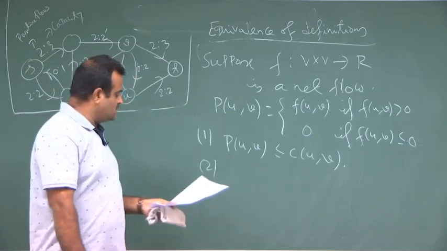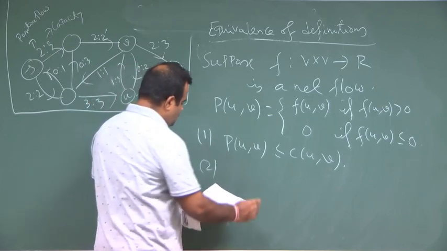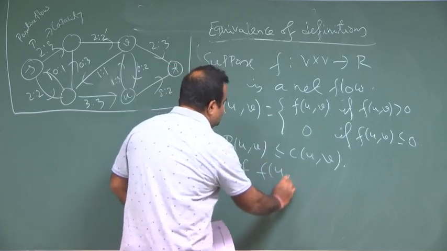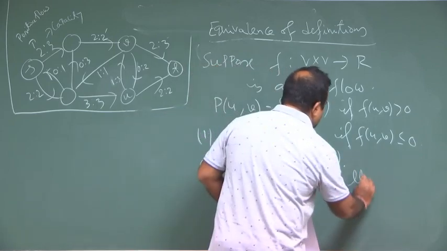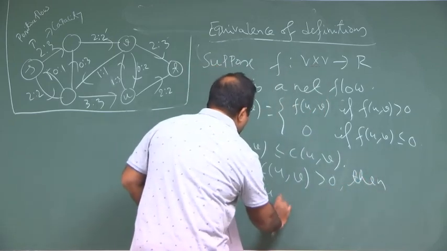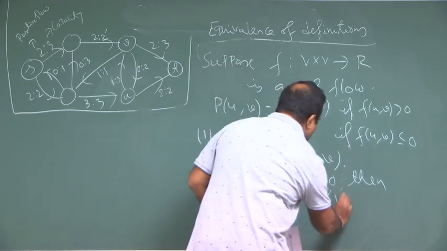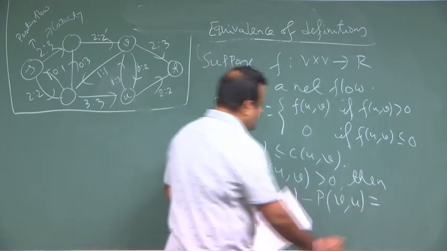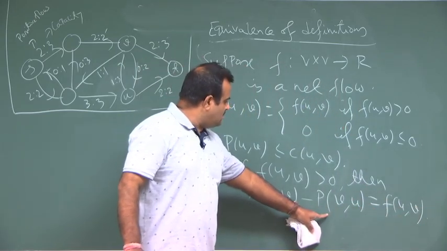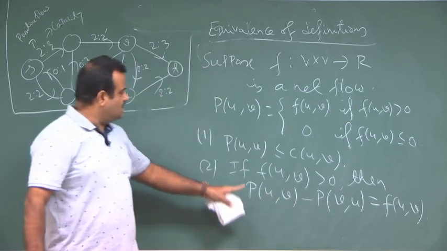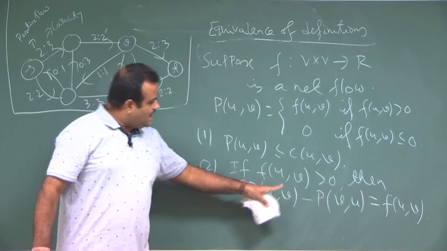So, for flow conservation, what do we need to do? If f of u v is greater than 0, then p of u v minus p of v u is basically f of u v, because in that case p of v u is 0, since f of v u is negative.